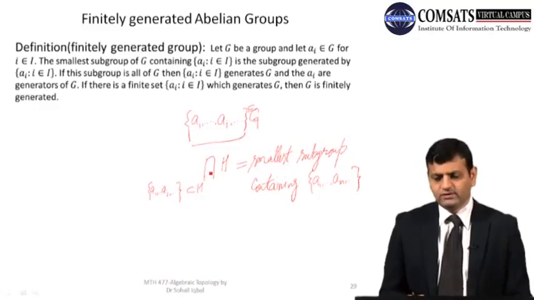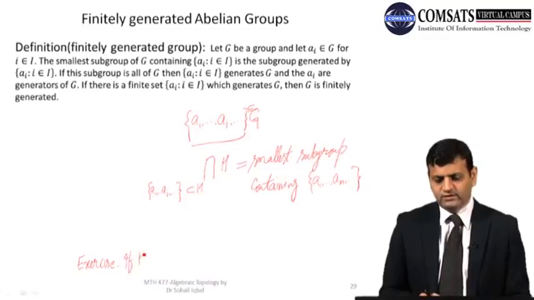Okay, so we are taking the intersection of the subgroups and the result is also a subgroup. So this is a very simple result that I'm leaving as an exercise. So what is the result that you need to show?